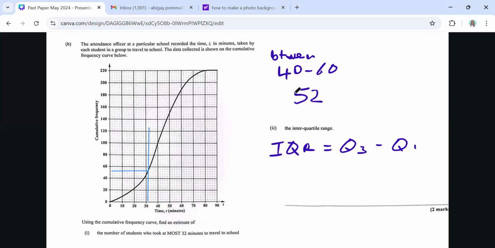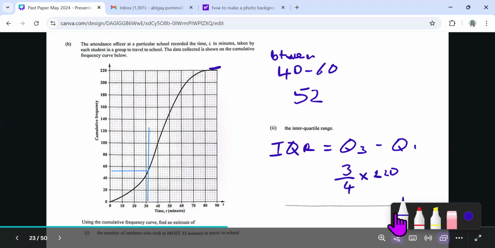All right. So based on its name, quarter 3 is going to be 3 over 4 times the highest point, which is 220. Hold on, let me see if I can make it smaller.